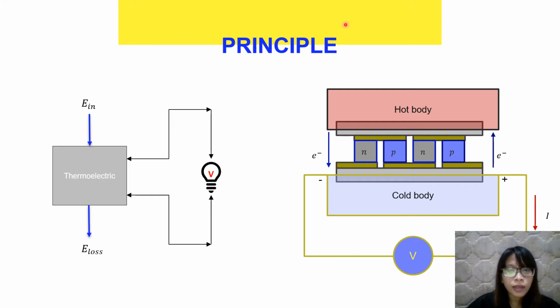By applying efficiency equal to W over QH, the N-type semiconductor allows electrons to move from the hot plate to the cold plate, and the P-type semiconductor does the opposite.